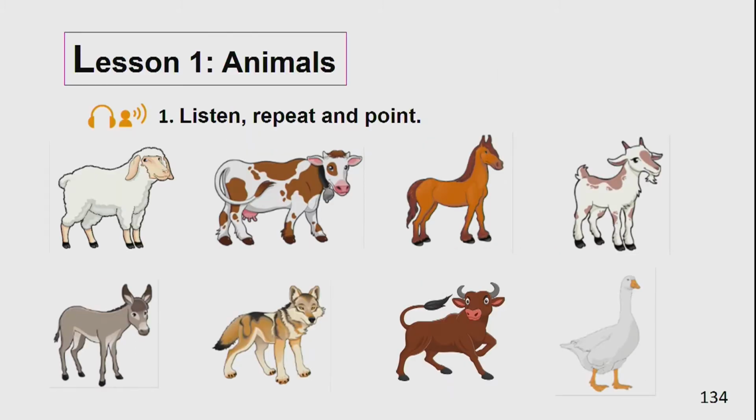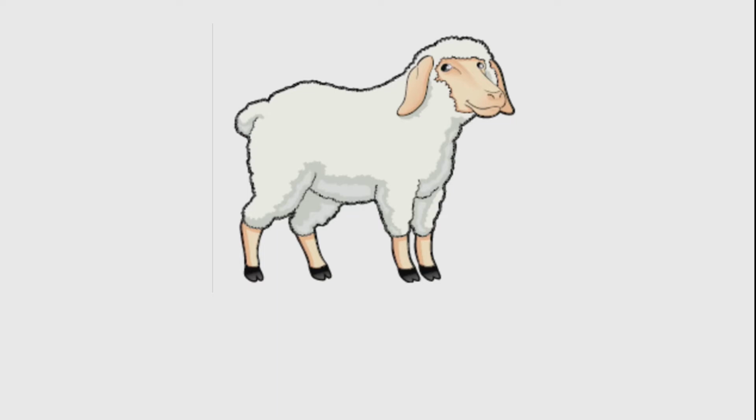Look at the pictures. What do we call these animals in English? A wolf? A horse? Anything else? For example, what do we call this animal? A sheep. Sheep. Say it again. Okay, how do you spell it?